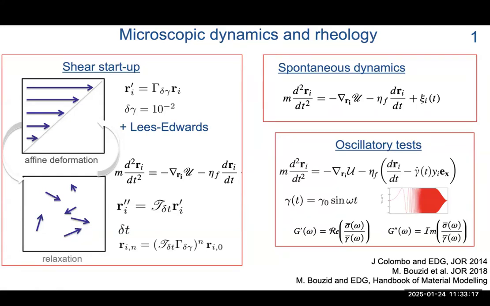Then we let the system evolve over a given amount of time so that it can readjust its configuration and produce the stresses to accommodate that tiny deformation, and we iterate this process many times. By changing the time that I let the system evolve between one deformation step and the next, I propose that this is equivalent to changing the rate of deformation. It is very efficient to study both the affine and the non-affine motion, and to have directly, in a very controlled way, access to the relaxation dynamics in this type of system.